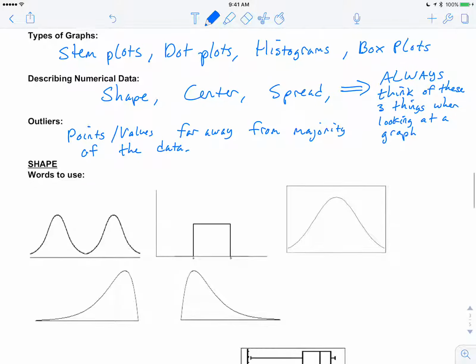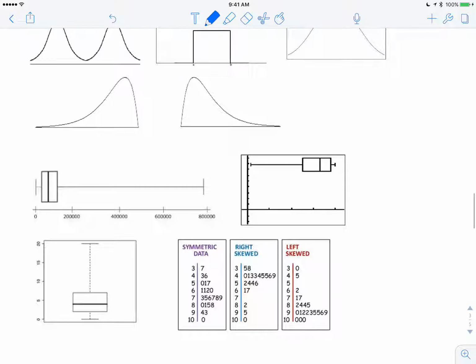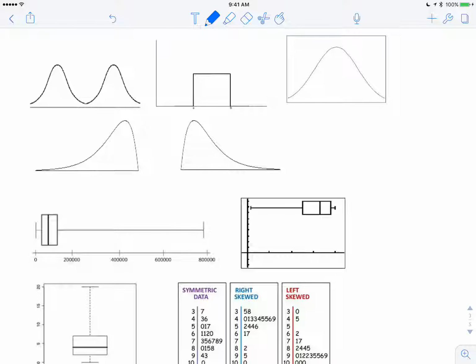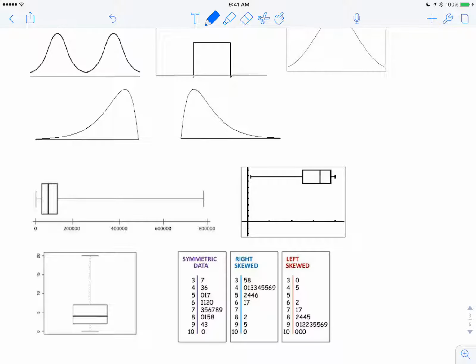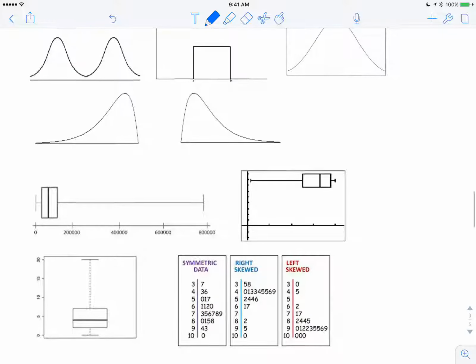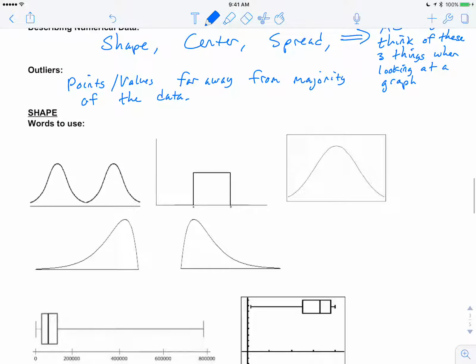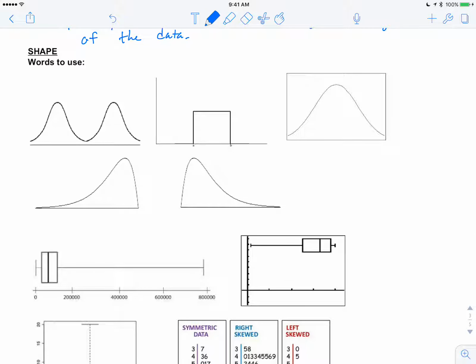I'll keep an eye out for those. All right, so I have a bunch of different graphs here on this paper. I got some stem plots down here. I got some box plots. We haven't talked about box plots yet, but we will. Just get an idea of what the shape, center, spread is going to look like through the different types of plots.